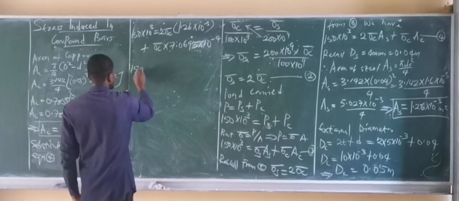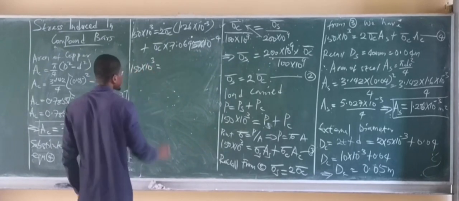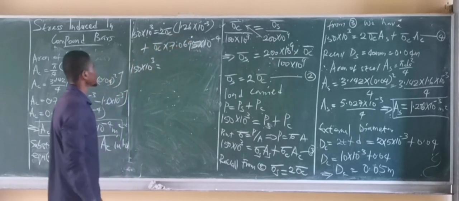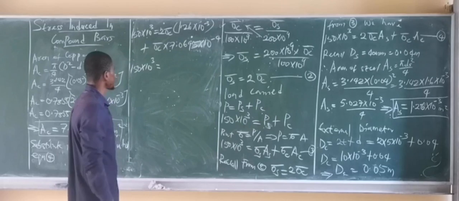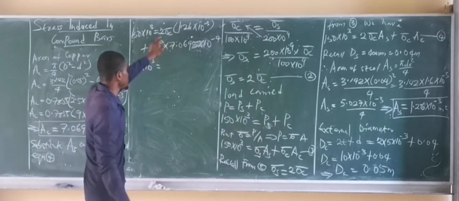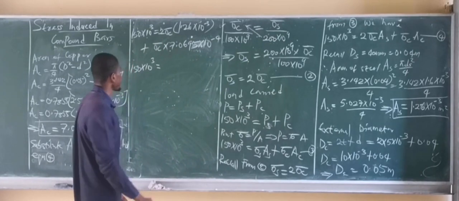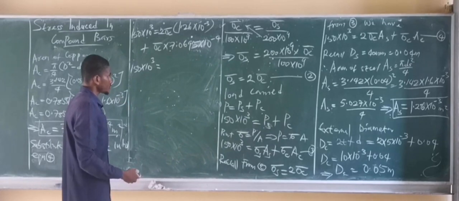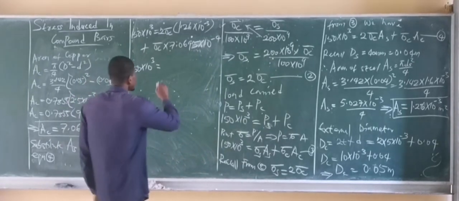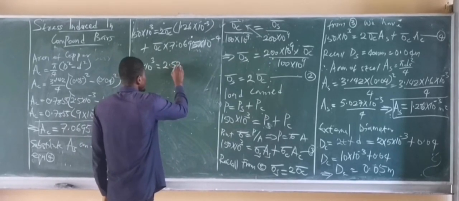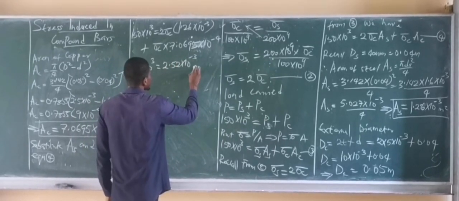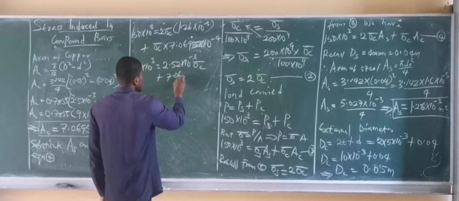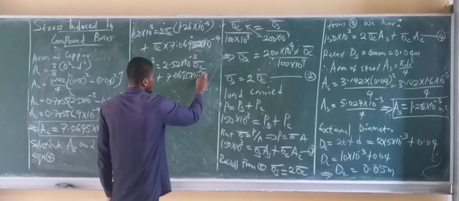So 150 times 10 to the 8 is now equal to 2 times 1.26 times 10 to the minus 3, sigma C. Let's expand this bracket. 2 times 1.26 times 10 to the minus 3 is 2.52 times 10 to the power minus 3 sigma C, plus 7.0695 times 10 to the minus 4 sigma C.